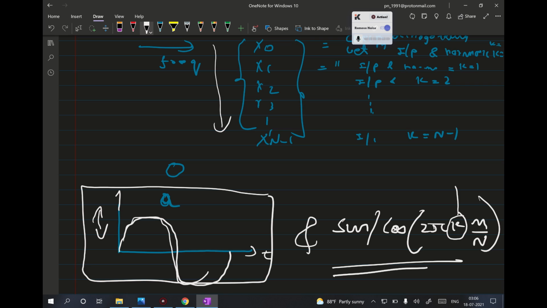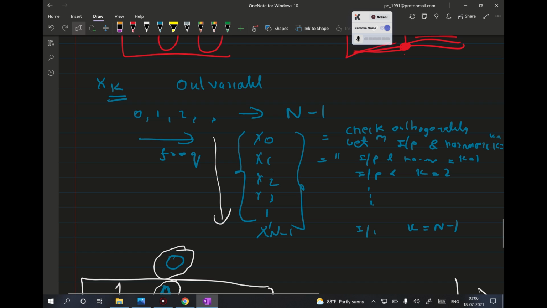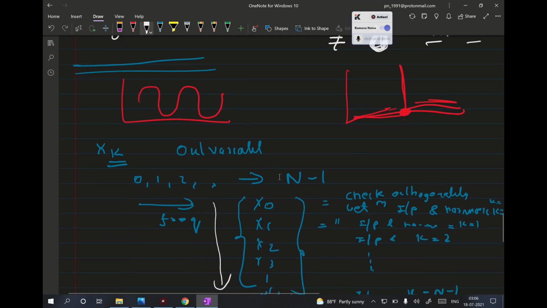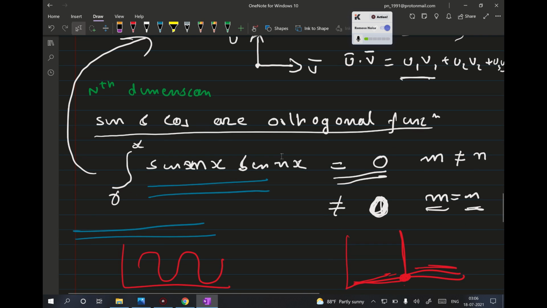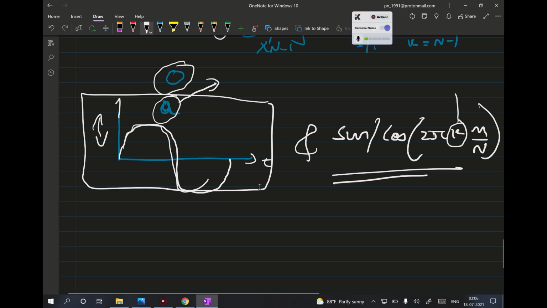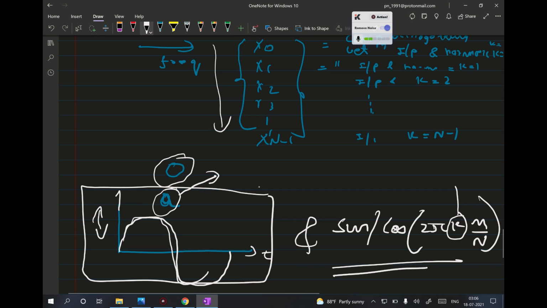If the orthogonality condition is met, we will get 0, and if it is not met, we will get some value a. For most of the part, we will get zeros where the orthogonality conditions are met, but only at a particular point we will get some value a, and this is only when m is equal to n. That is what this formula gives, and that is where we will get the frequency of the signal.